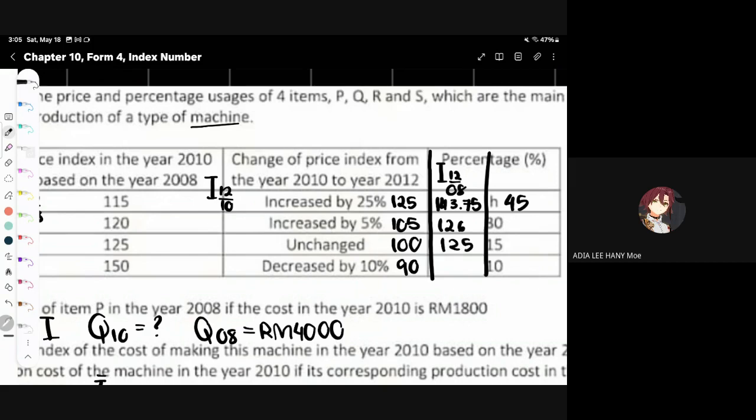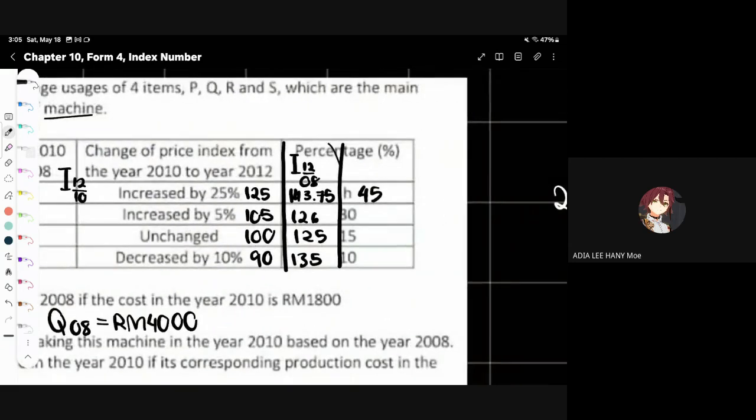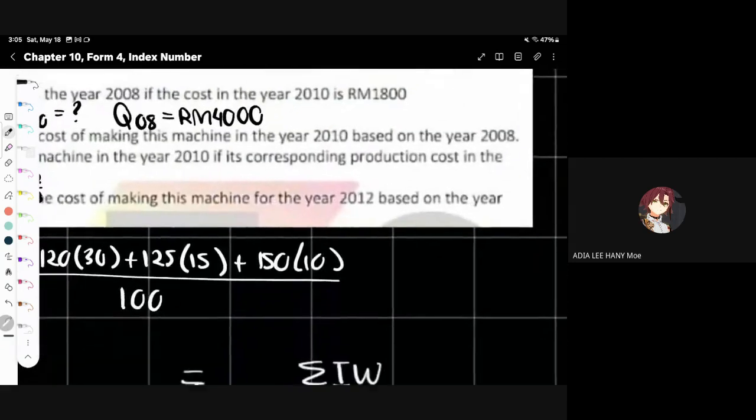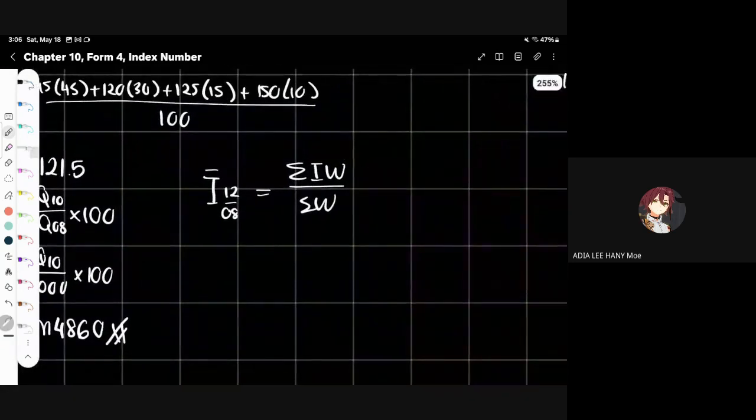Okay. And then 90 times 150 divided by 100. That's 135. So from here we can use the composite index. Simple.